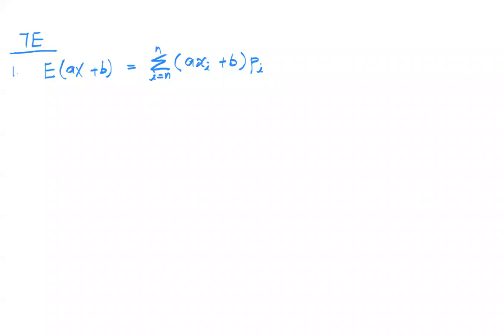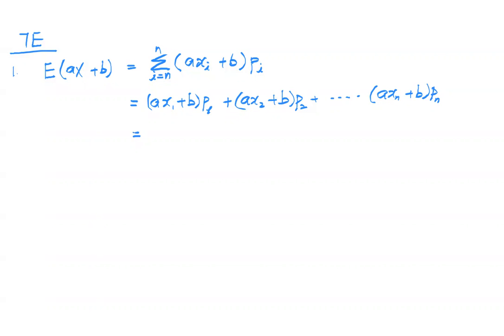You see how I prove: I will put down there a x1 plus b, P1, plus a x2 plus b, P2, plus dot dot dot, a xn plus b, Pn. So I got two groups.